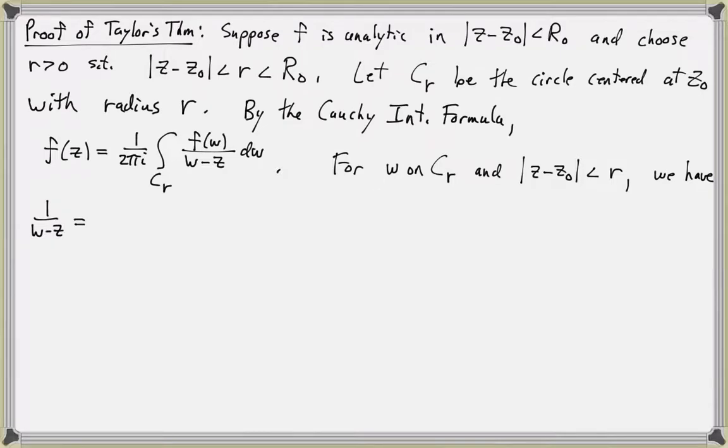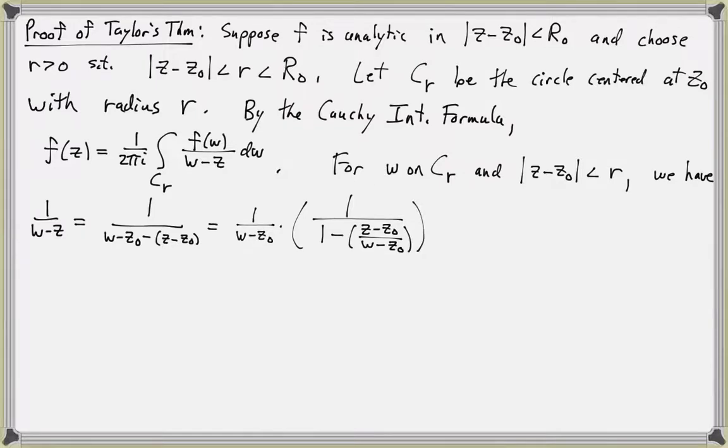I can rewrite the denominator as w minus z0 minus the quantity z minus z0. So I'm essentially adding and subtracting z0 in the denominator. And I want to do this so that I can factor out the factor of w minus z0 in the denominator. So this is going to be 1 over w minus z0 times the fraction 1 over 1 minus z minus z0 over w minus z0.